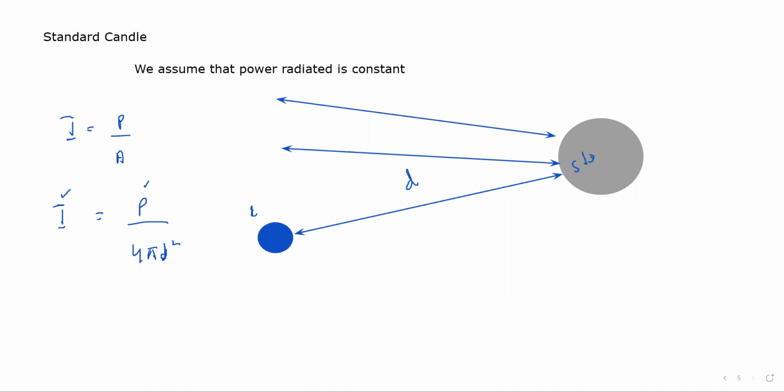If you want to calculate the distance, the flux of the standard candle must be measured. Flux means how much energy is coming on a unit area, and using this method we can find the distance between the star and the Earth. Is it clear? This method, the standard candle.